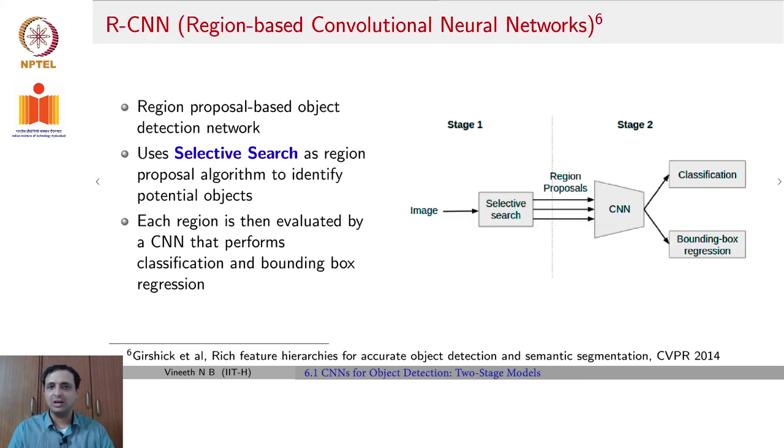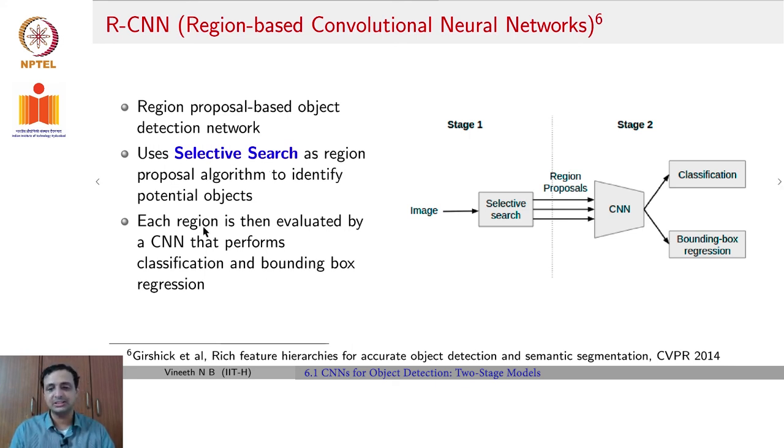So the earliest one was known as the RCNN, or the region-based CNN, which was proposed in CVPR of 2014 by Ross Girshick. This approach has a first stage where it uses a method known as selective search, which is an image processing method. It doesn't use a neural network for that, but using selective search, it proposes several regions that could have objects.